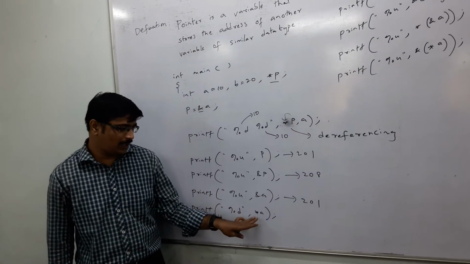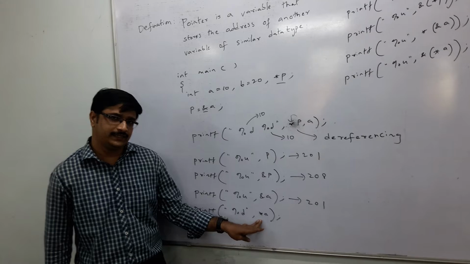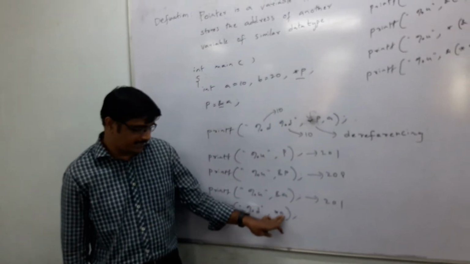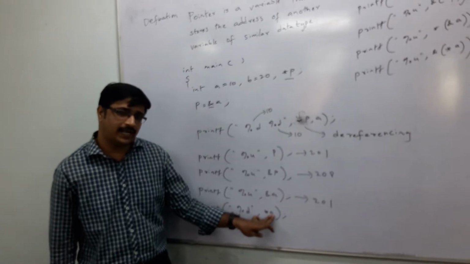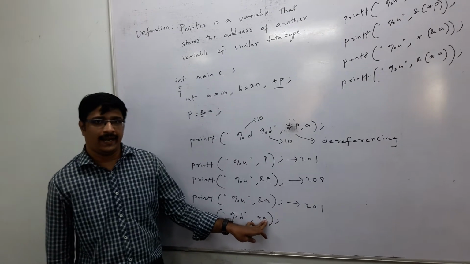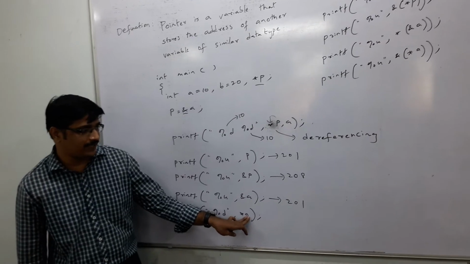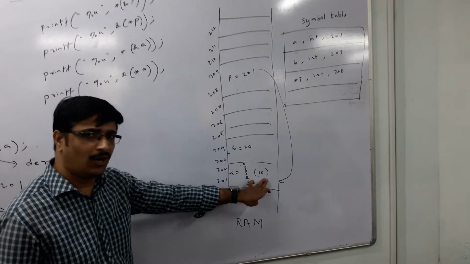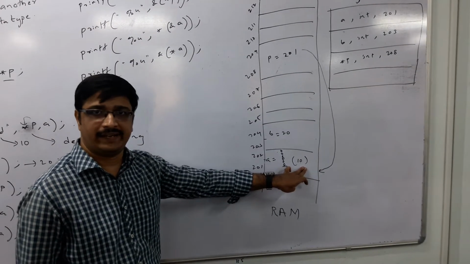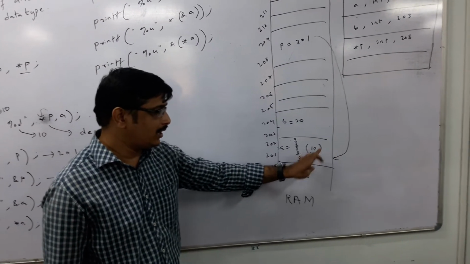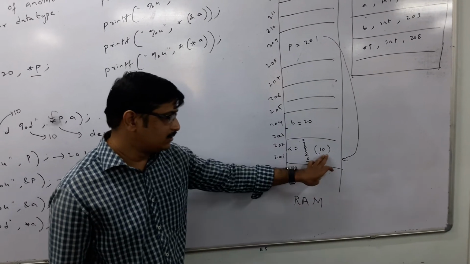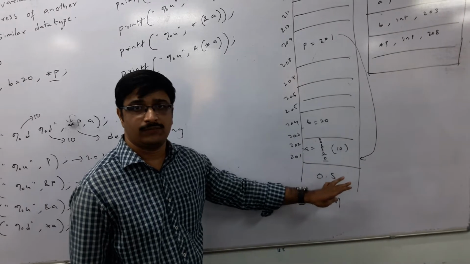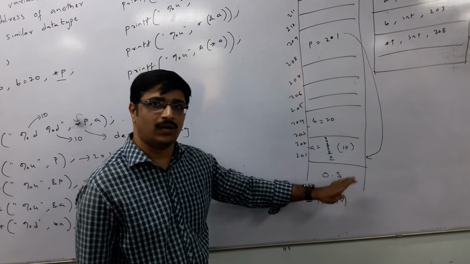Now let us see what if I try to do this. We have just learned that whenever it is *p or *a, I need to go to a, where I will find an address. I have to go to that address location and pick up the value. But see what is going to happen if I do that. I have to go to a, and there I will find an address. What is this address? This is nothing but 10. So I have to go to that address location. Whenever I go to that address location, obviously I will be going out of the memory that has been allocated to our program.